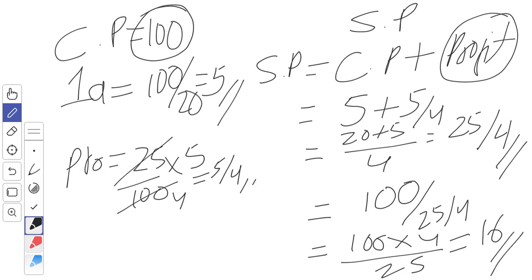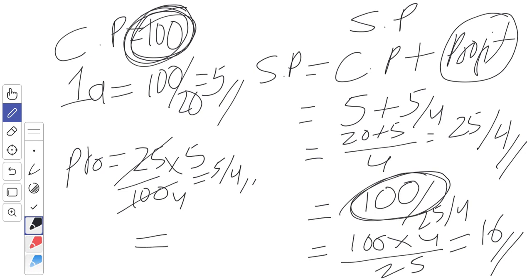By selling 16 items at the cost of 25 by 4, we get 100, which is equal to the cost price of 20 items, that is 100. So the correct value for X is equal to 16.